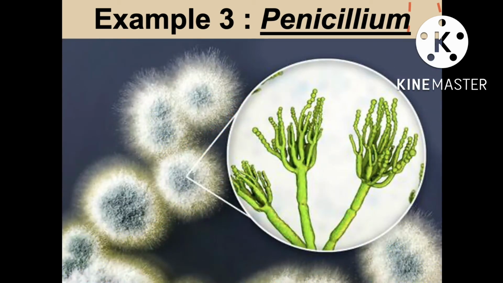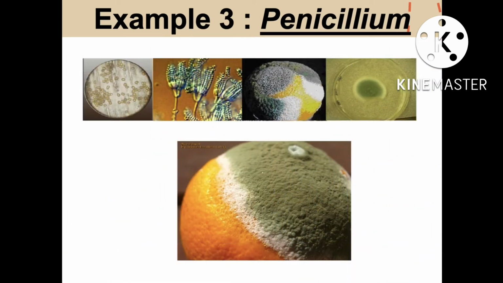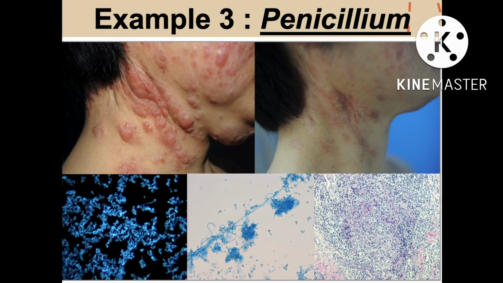Certain organic acids like gallic acid, fumaric acid, and citric acid, and enzymes are obtained commercially from different species of Penicillium. Penicillium italicum, which causes blue mold, and Penicillium digitatum, which causes green mold of citrus fruit in storage. A few species cause a respiratory disease, penicillosis, in animals and human beings.